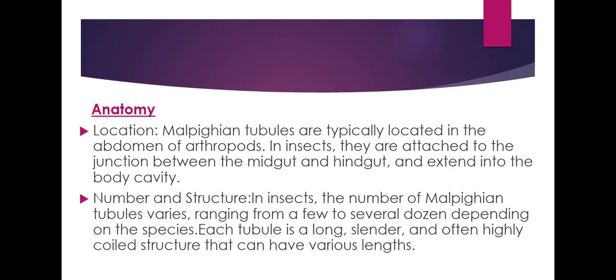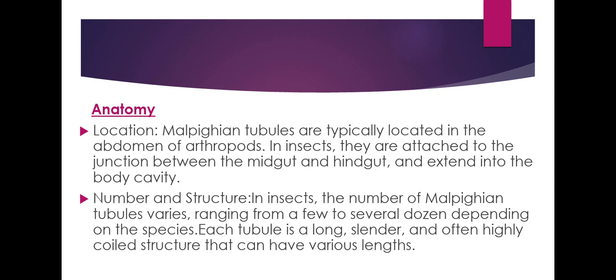So the anatomy. The Malpighian tubules are typically located in the abdomen of arthropods. In insects, they are attached to the junction between the midgut and hindgut and extend into the body cavity. Also, we looked previously at how extended and far back these Malpighian tubules can become in different species. Okay, then numbers and structure.